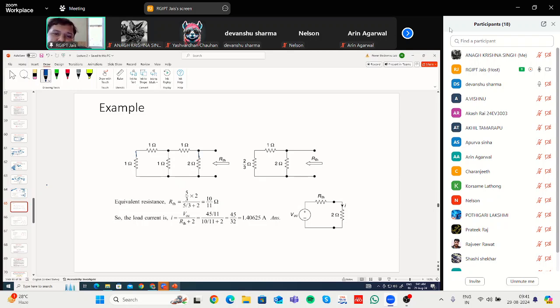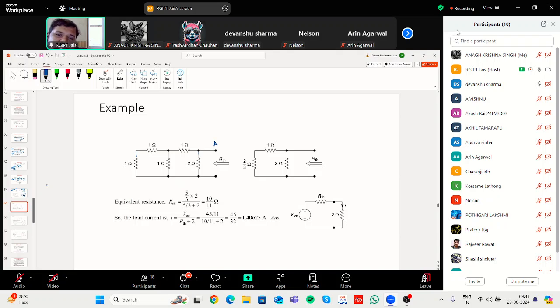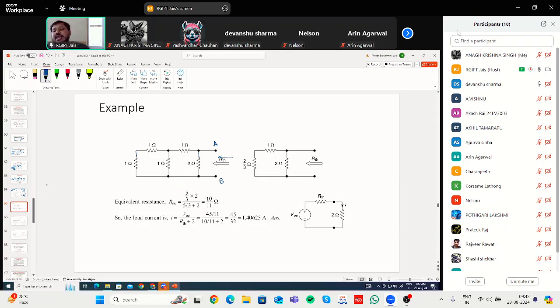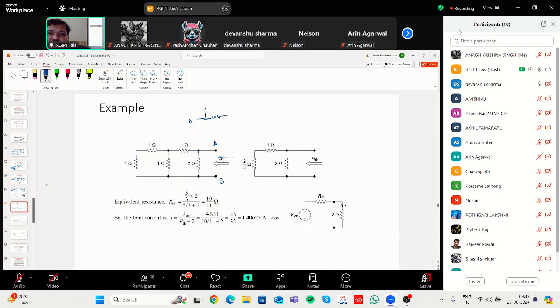Now let us say this is terminal A, this is terminal B. You are looking from these two terminals A and B, trying to see what the equivalent resistance is. Starting from terminal A, what is the first thing you are facing? There is a branching out, so two branches are there. In one branch there is a 2 ohm resistance, and in the other branch there is a 1 ohm resistance.